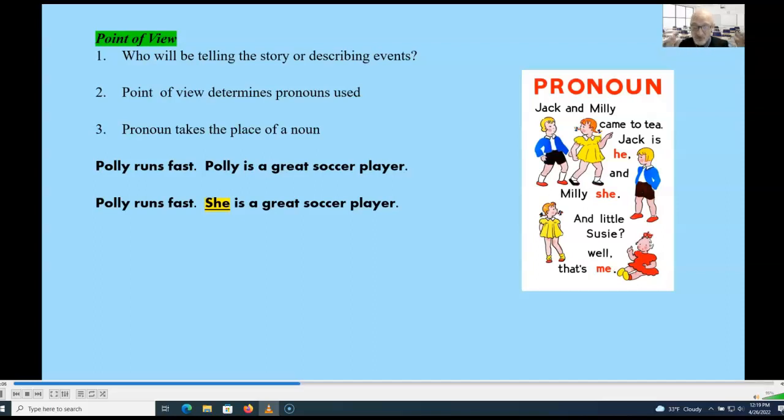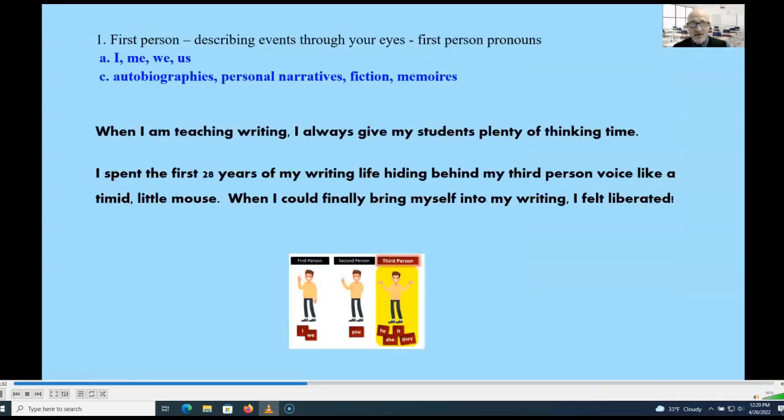Will it be a writer? From whose point of view will the story be told? The point of view determines the types of pronouns used. Now, a pronoun is a word that takes the place of a noun. Polly runs fast. Polly is a great soccer player. She takes the place of Polly. She is the pronoun there. It takes the place of a noun.